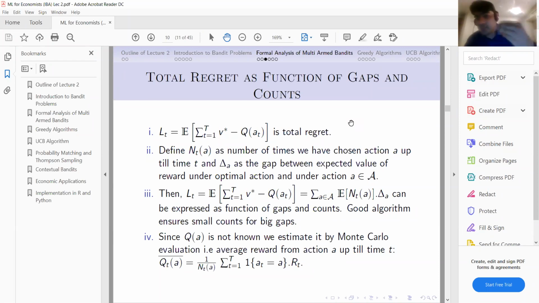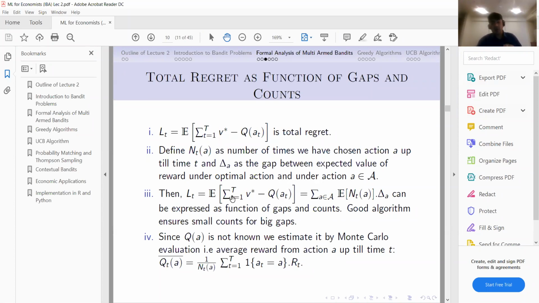And obviously this varies over time as you keep experimenting more and more with action A, then NT of A increases and so on. And capital delta A is just the gap between the expected value of the reward under the optimal action, or just regret basically, and under action A, which is this object.